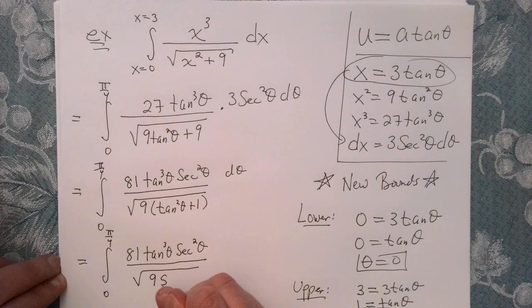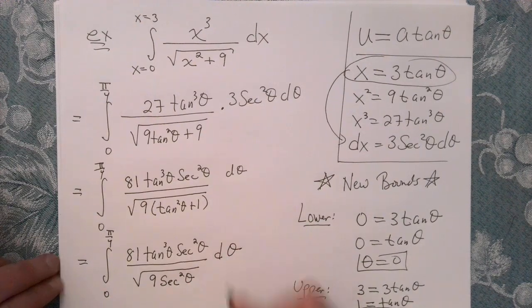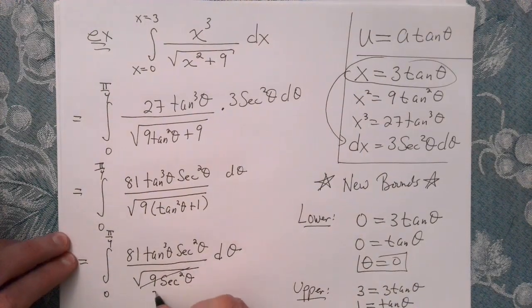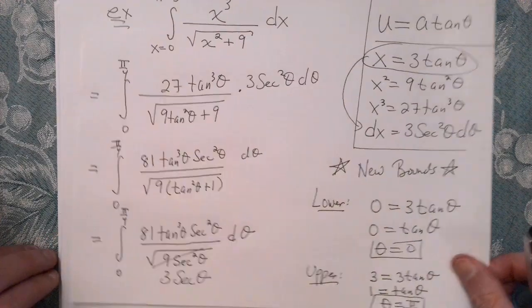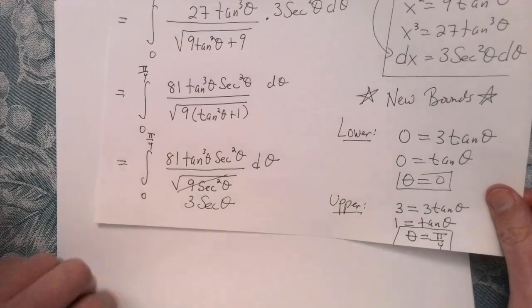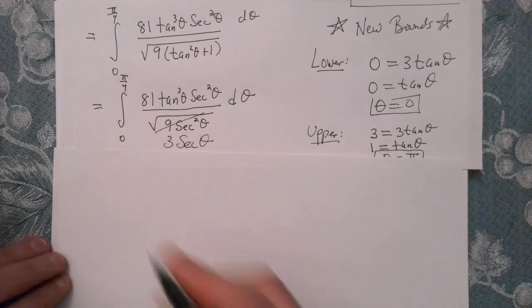So that's 9 secant squared of theta d theta. And so that's good, right? So this will be 3 secant of theta. Let's see if we can reduce this down a little bit. So 3 goes into 81 27 times.